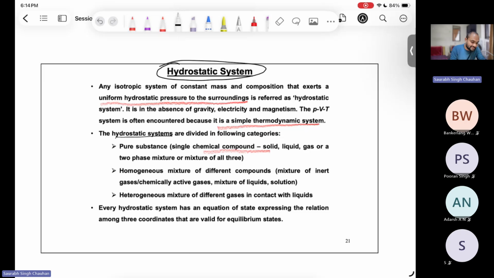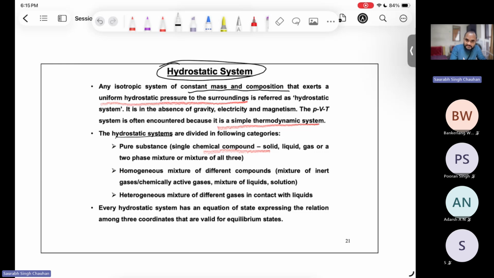Okay. And the definition itself says that any isotropic system, isotropic means that the properties are independent of direction. Okay. So you go in any direction, you will find the same properties. So an isotropic system, of constant mass and composition.